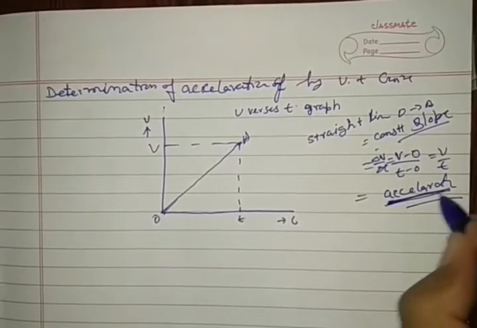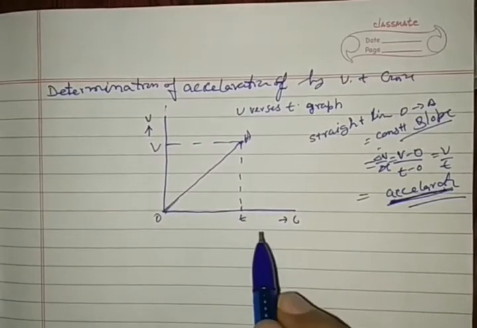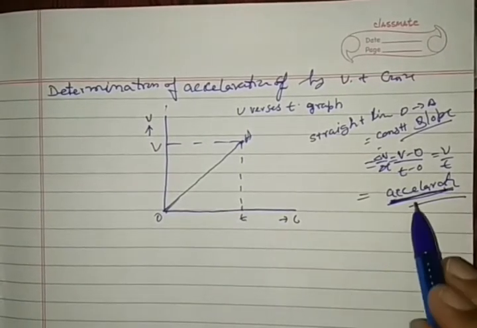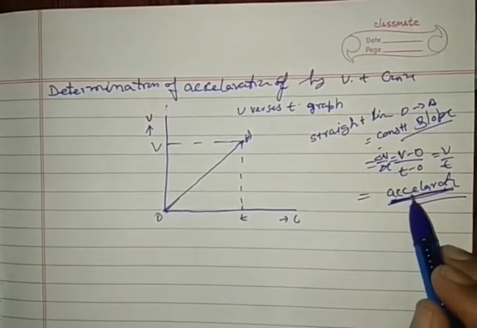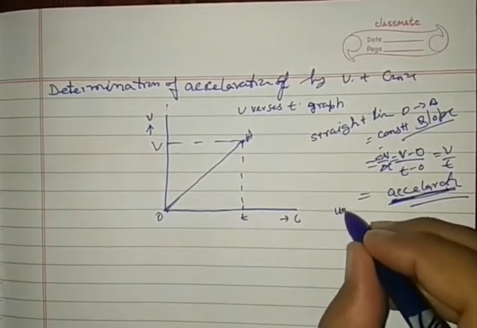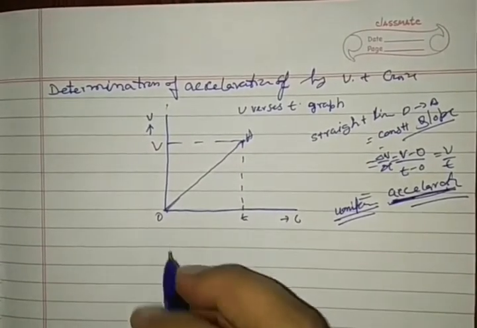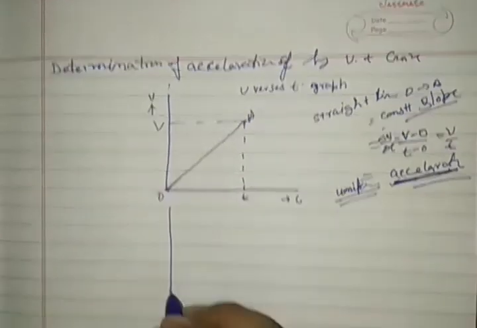Be careful. In the velocity time curve, the slope of this curve determines acceleration. Here in this case, a straight line speaks uniform acceleration.